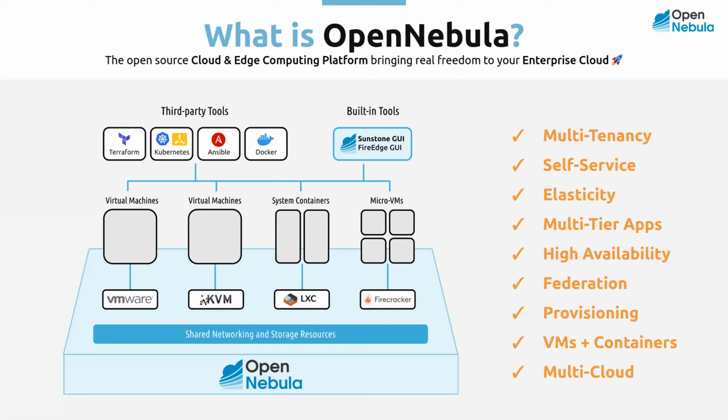Also defining complex applications, setting up high availability environments, federating different instances of OpenNebula, automating provisioning, as we'll see in a second, and this combination of virtual machines and containers, managing all that together from the same place. That's quite helpful, and it's been a major turning point for us. And finally, last but not least, the multi-cloud features we're going to be talking about today.